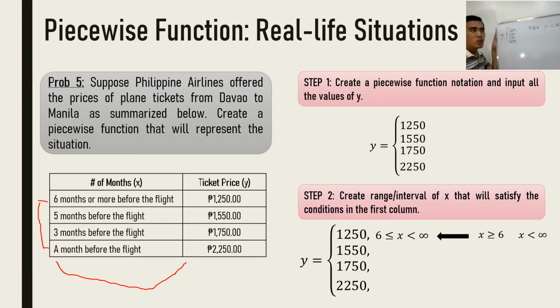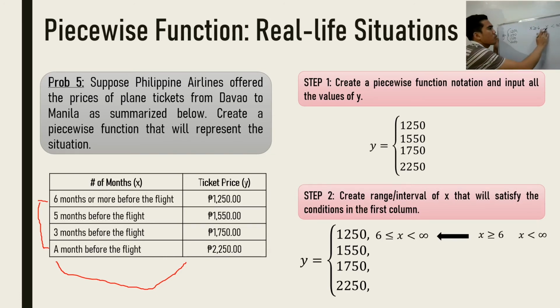Okay? Meaning, the positive infinity is greater than the X. So this can already be used, guys: X greater than or equal to 6. It already illustrates the condition. But to create an interval, that is also okay. We can use the interval on the screen.